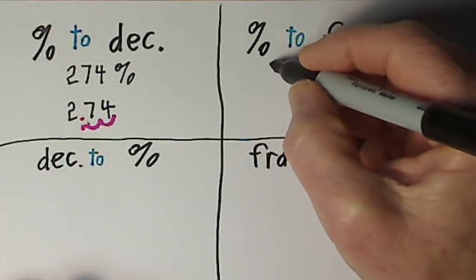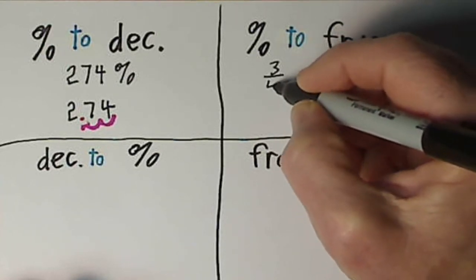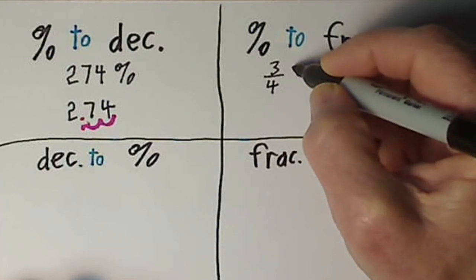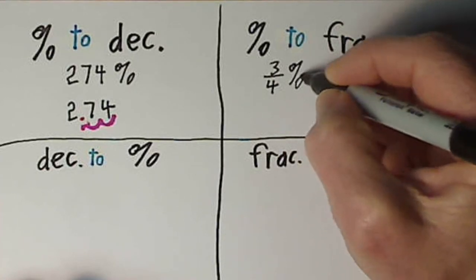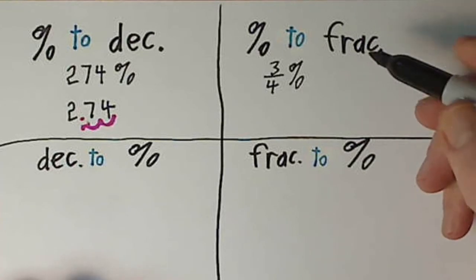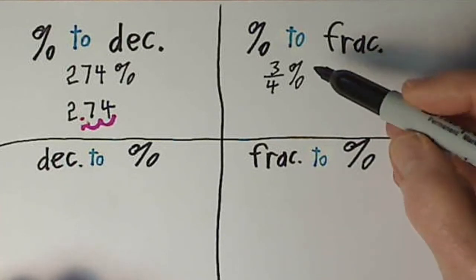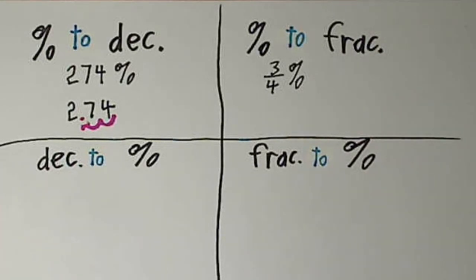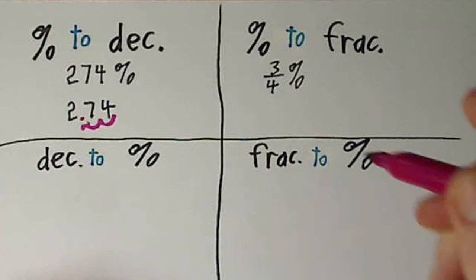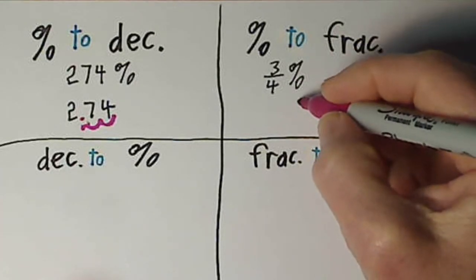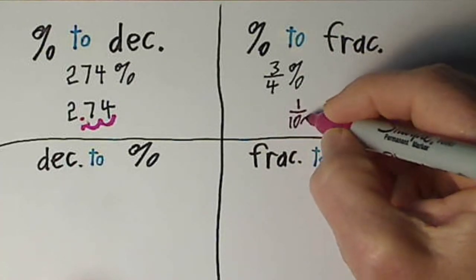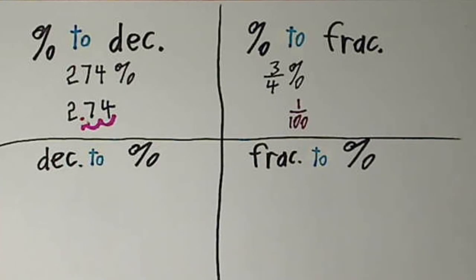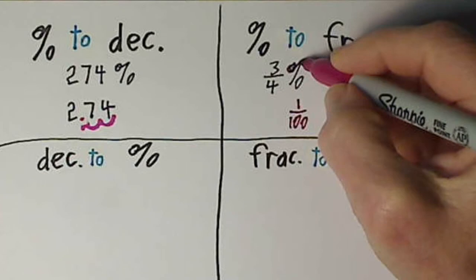If you have 3/4%, this percent sign means per 100. I'll use a different color here. So this means 1/100th. That's what this sign means.